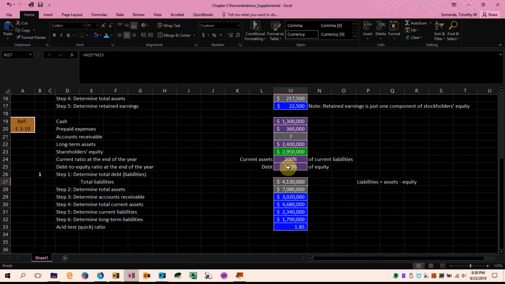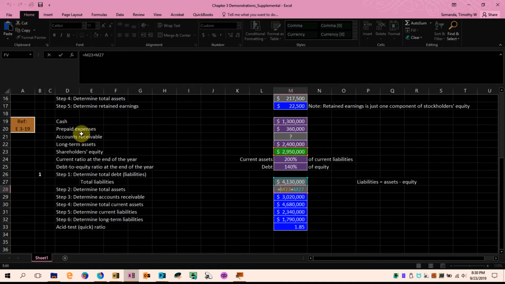Because we know that if debt is 140% of equity, and we're given equity at $2.95 million, then 140% of that is $4,130,000.